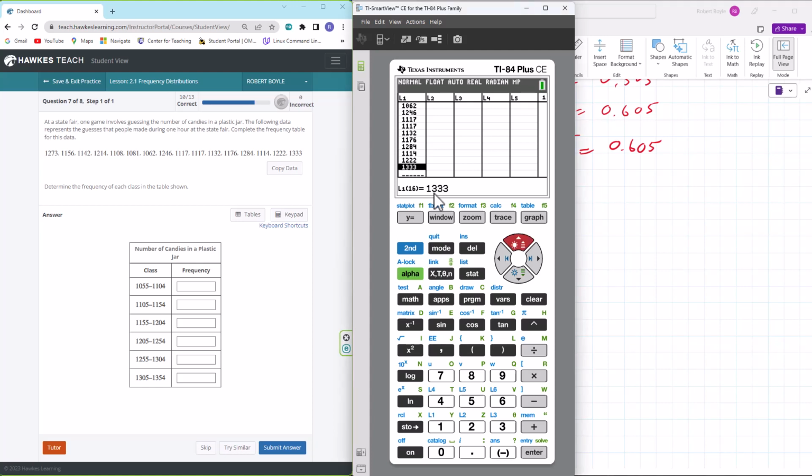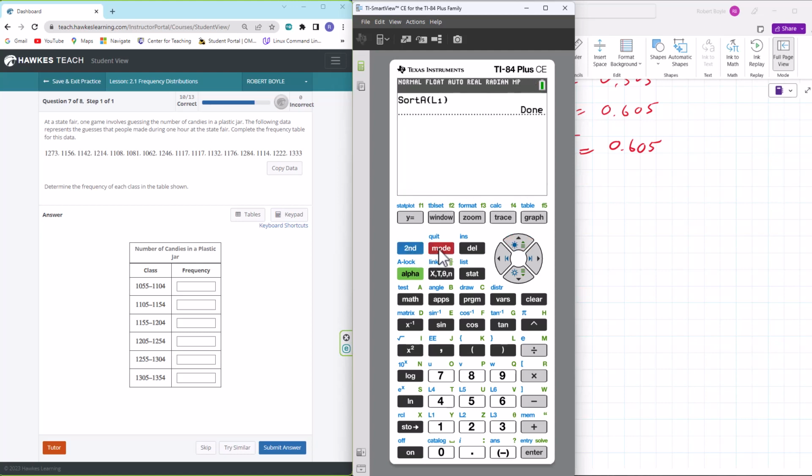We had 1333, 1222, 1114, 1284, 1176, 1132, 1117, 1117, 1246, 1062, 1081, 1108, 1214, 1142, 1156, 1273. Okay, now that we have this, we can go ahead and quit.